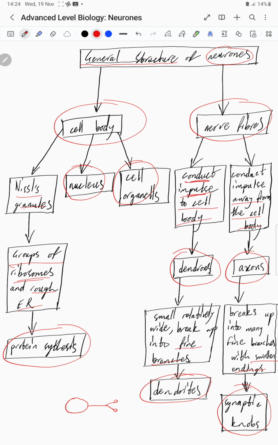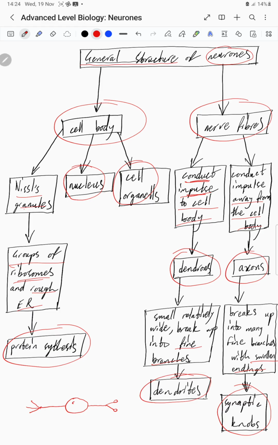And then we have the fiber which conducts impulses to the cell body. This further branches into finer fibers which are called dendrites.